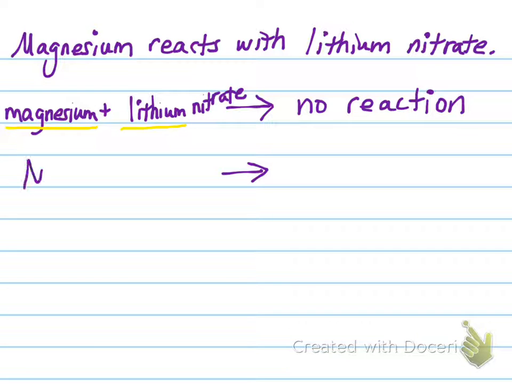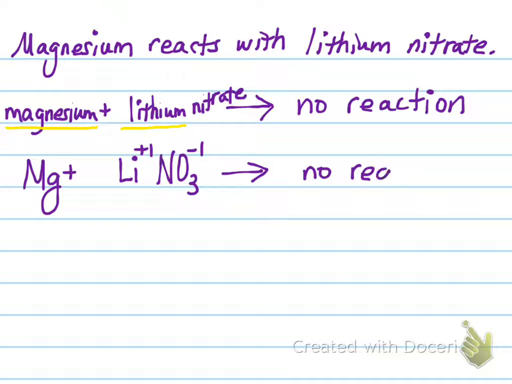So I still want you to write magnesium, which is Mg. Lithium nitrate is an ionic compound, so Li, it's in group 1A, so charge of +1. Nitrate is NO3, charge of -1, so nothing to do to that. And then write no reaction. So I still want you to have the reactants written out in chemical formulas, but you won't write any products because the reaction doesn't take place, because magnesium is not strong enough to push lithium out of this nitrate.